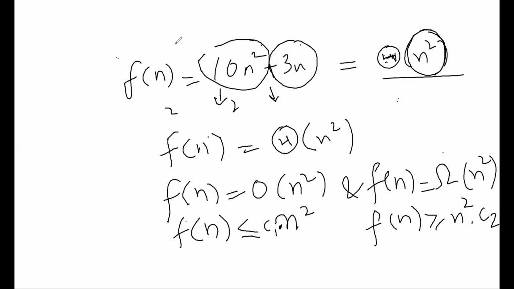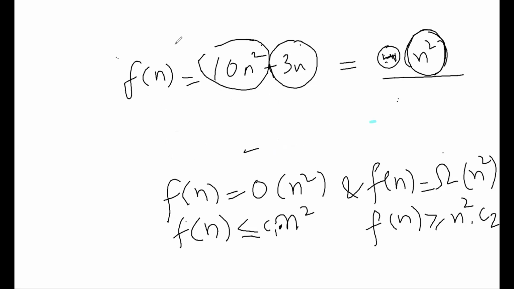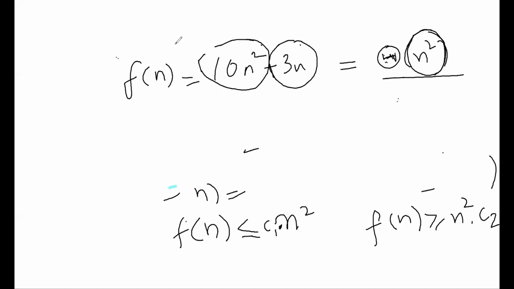Okay, so I'll just rub off this part. I'll just leave the last line there. Okay, so according to the definition, if Fn is theta of n square, Fn is less than or equal to C1 into n square, and Fn is greater than or equal to C2 into n square, it is true for both. What is your Fn?